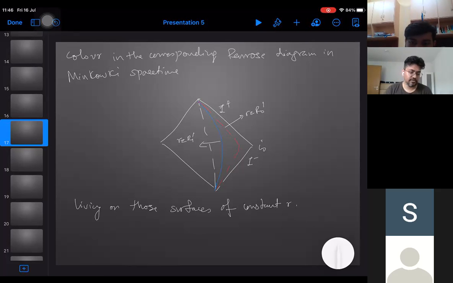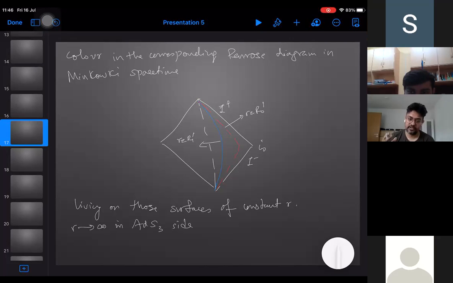Taking the limit of r tends to infinity on the AdS3 side basically corresponds to going to the boundary in the Minkowski. As you can see from the diagram above, the boundaries in the Minkowski are the null boundary, scri plus and scri minus, and the point is spatial infinity.